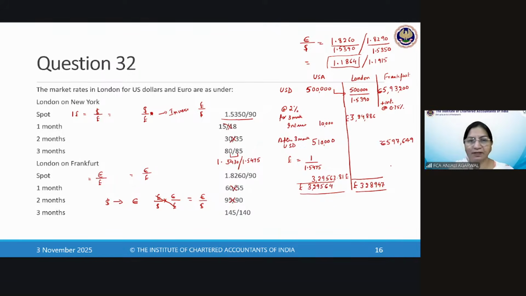Convert it into pounds again. Euro to pound. We have pound to euro, so we need euro to pound. We'll sell euro and get pounds. Sell euro means bid rate would be applicable. Swap rates are decreasing. So the new forward rate after 3 months for euro to pound is 1.8260 minus 0.0145 oblique 1.8290 minus 0.0140.